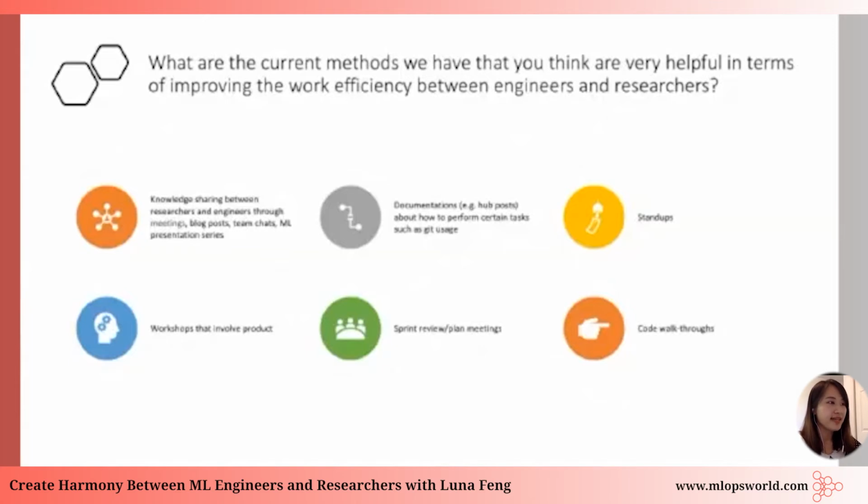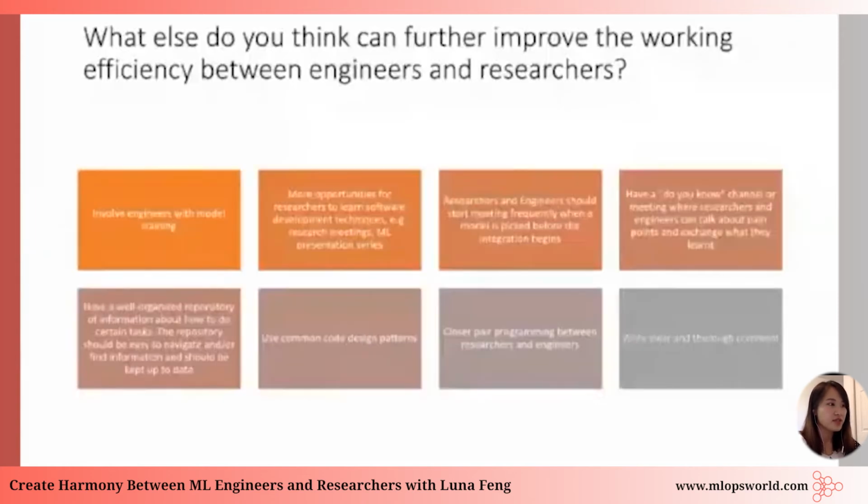Finally, I have collected the suggestions people think can further improve the working efficiency. So firstly, involve engineers with the model training process. As you can see in the previous slide, currently the collaboration between engineers and the researchers at the research phase is almost 0%.